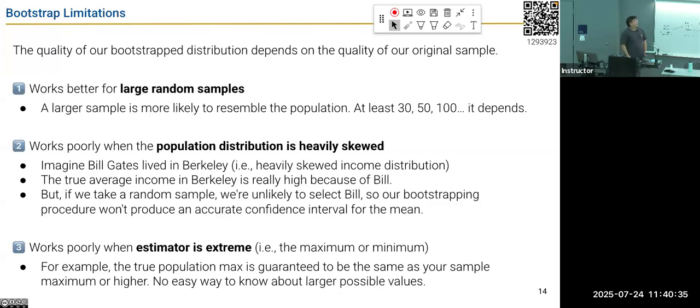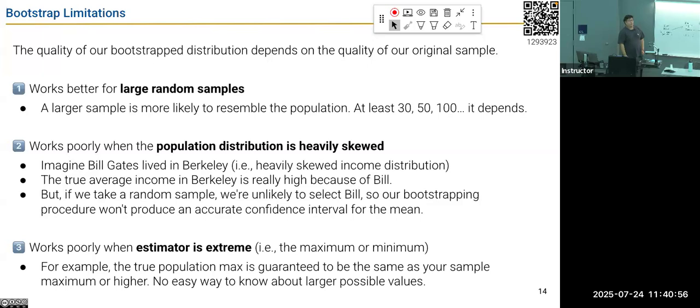Well, one thing is that the max is always going to underestimate the true max of your population. There's not going to be a scenario where someone magically appears in your bootstrap sample who's even taller than the tallest person in your population.